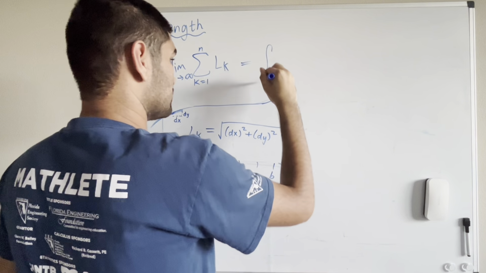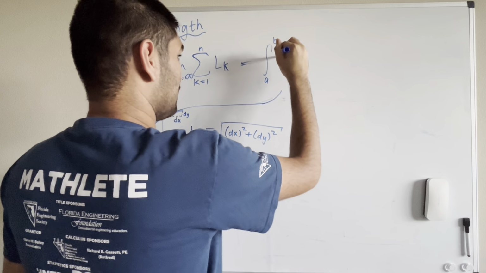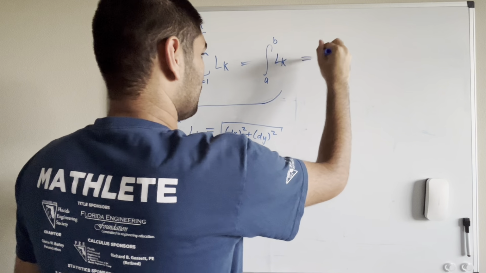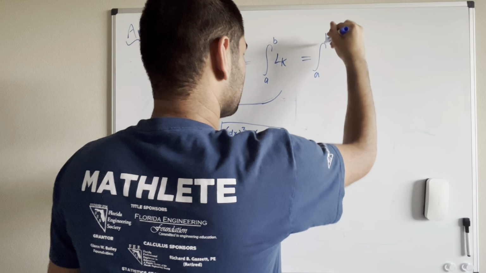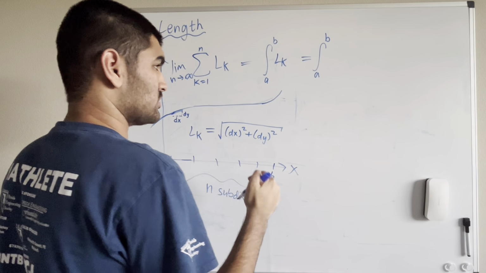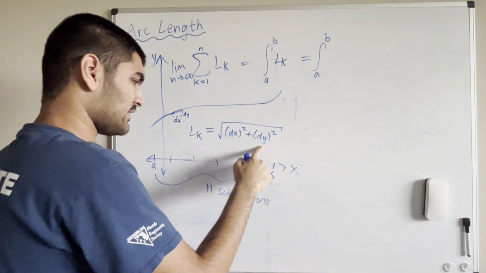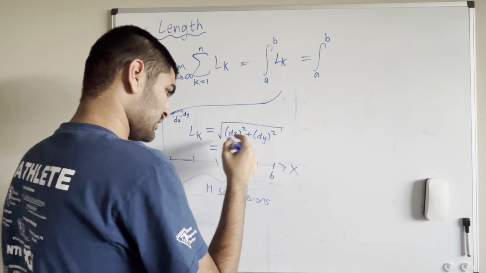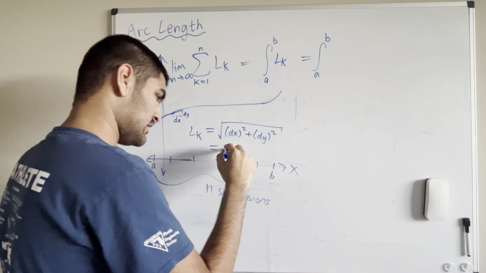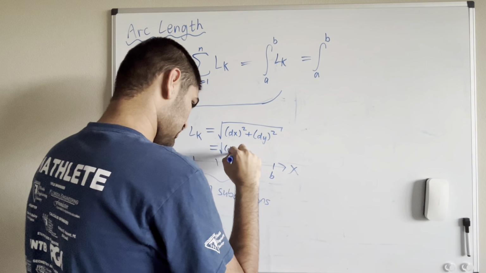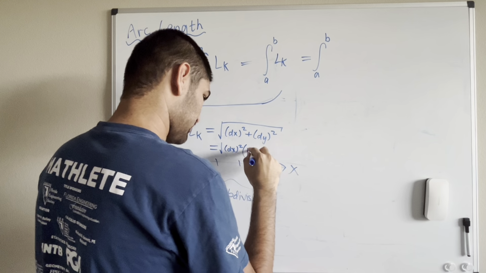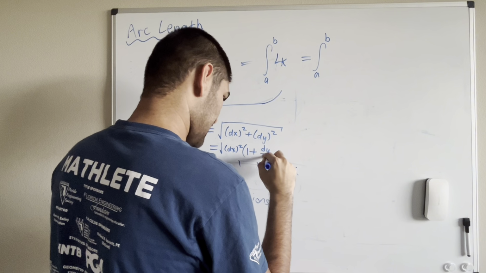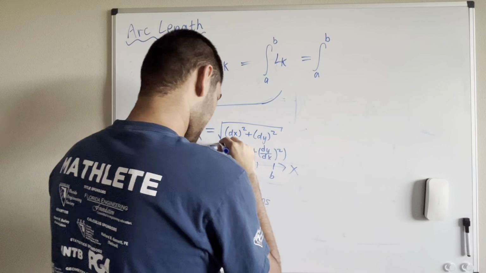So this is just equal to the integral from a to b of L sub k, which is just the integral from a to b of this expression, which I'm not going to write down exactly like this. Let's manipulate this expression a little bit. What I'm going to do is factor out a dx squared term. And so we're left with 1 plus (dy/dx) squared.